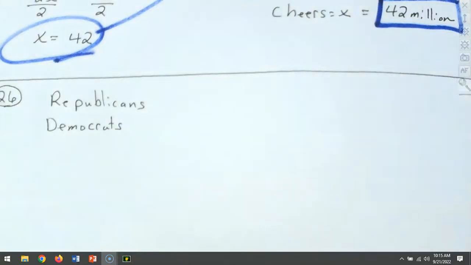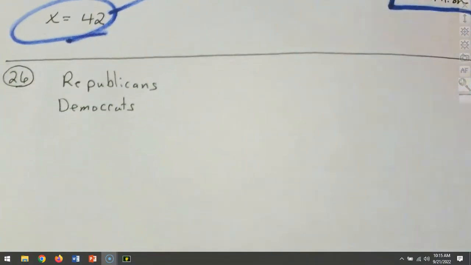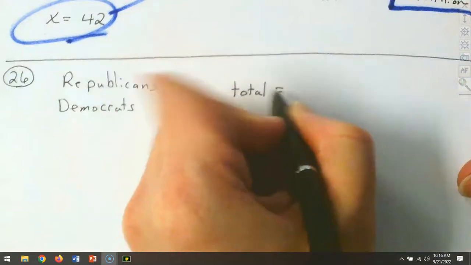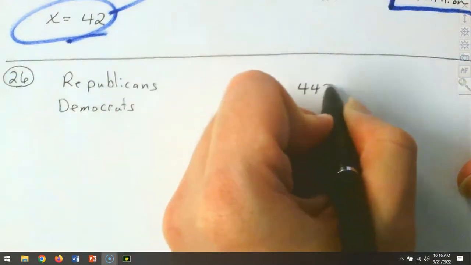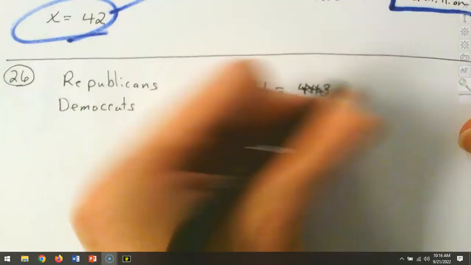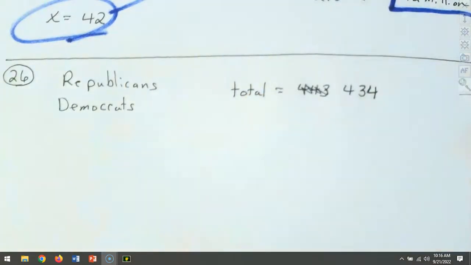So we don't know either one, but we do know a total. What is our total? Total's 434. So that's my total.